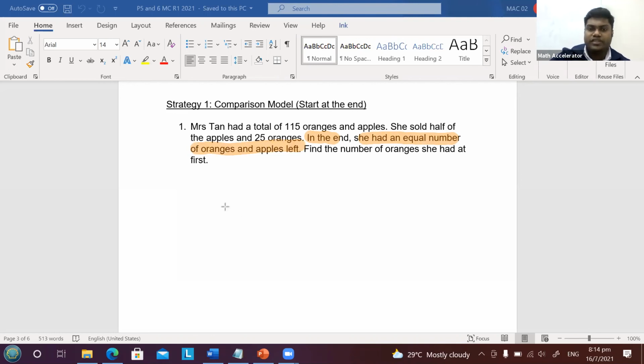So let's draw a model for that. Equal number of oranges, equal number of apples. Yes, you can use a calculator.